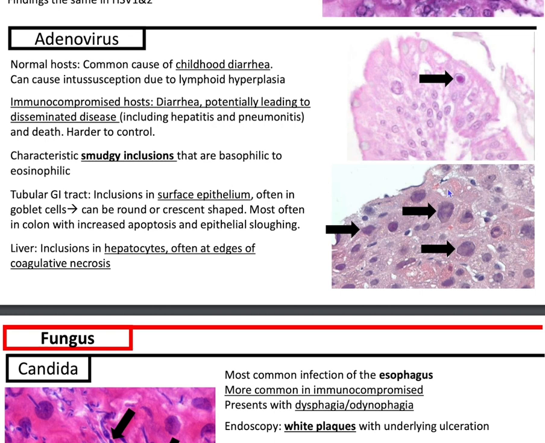Histologically, you'll have these characteristic smudgy inclusions that are basophilic to eosinophilic. And in the tubular GI tract, you'll have these inclusions in the surface epithelium, often in the goblet cells. They can be round or crescent shaped, and most often in colon with increased apoptosis and epithelial sloughing. Liver, you have your inclusions in the hepatocytes, often at the edges of coagulative necrosis.